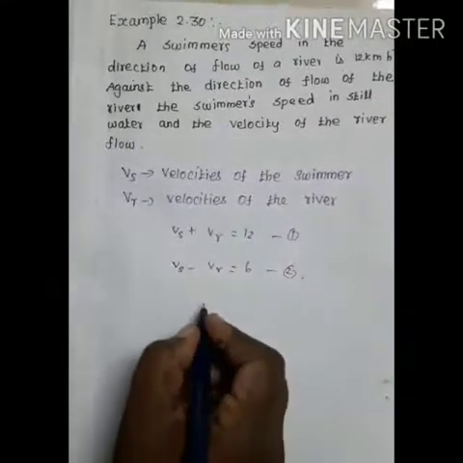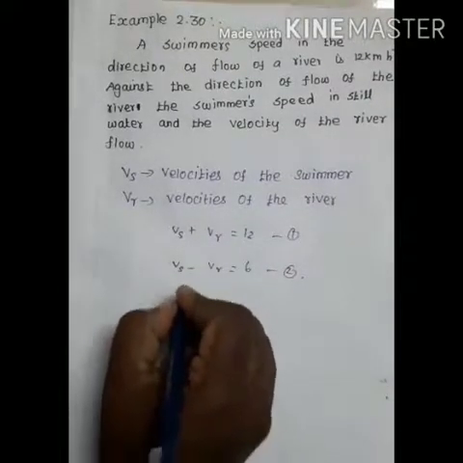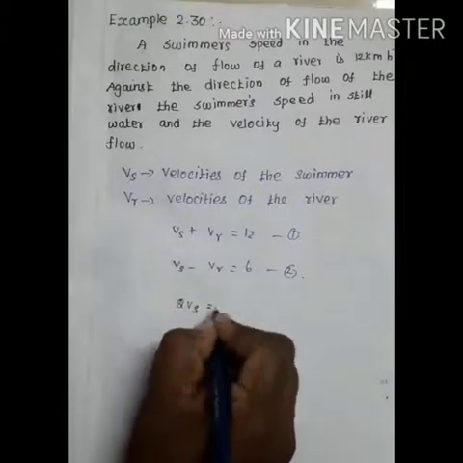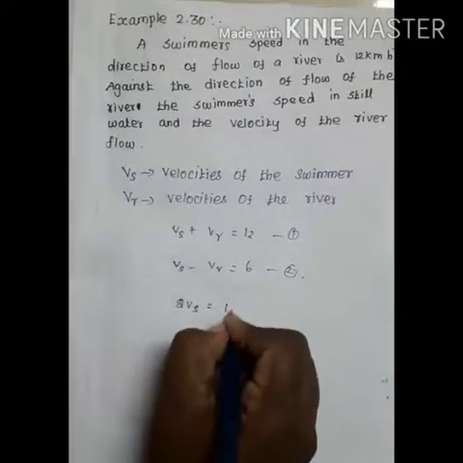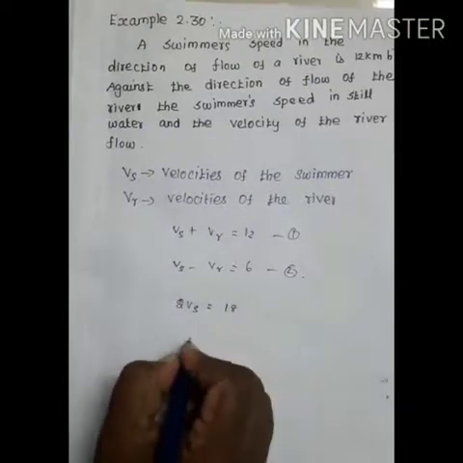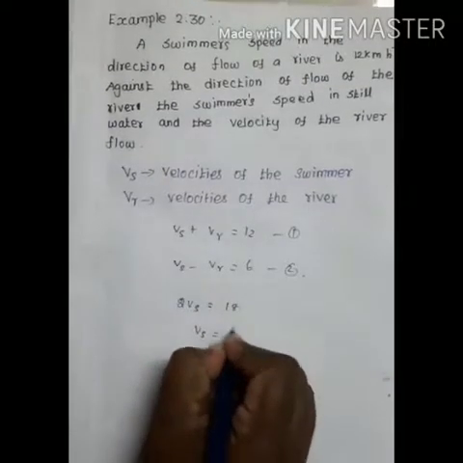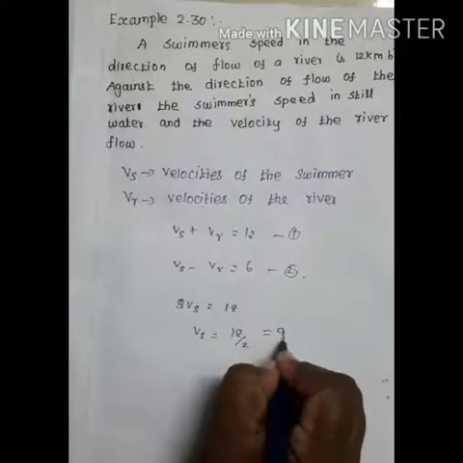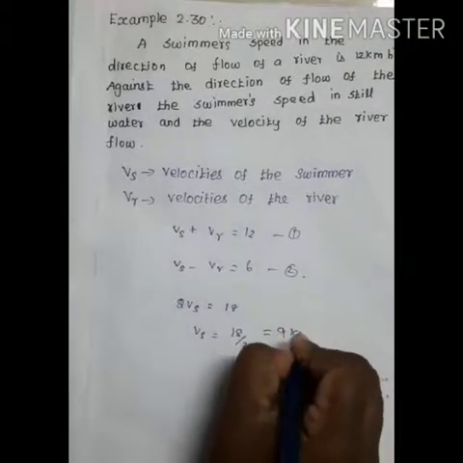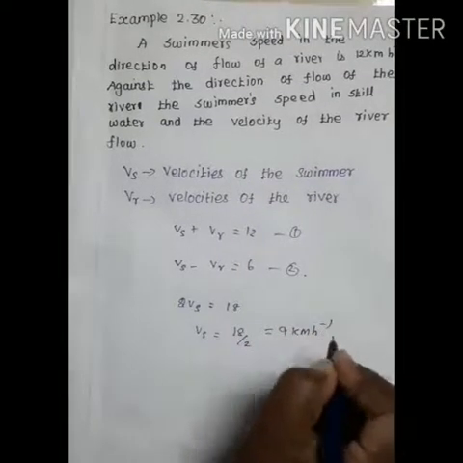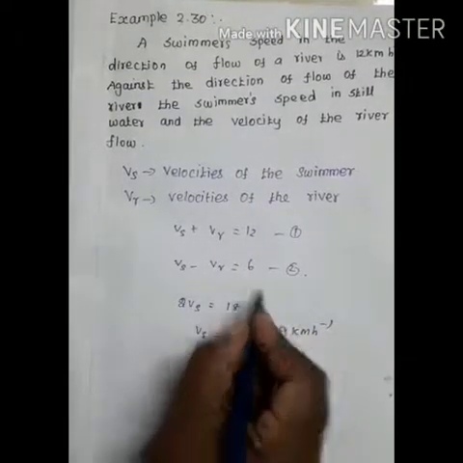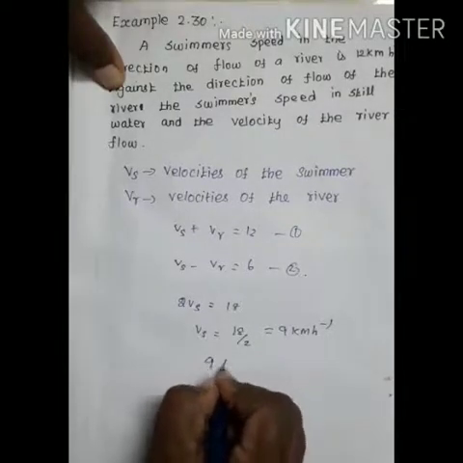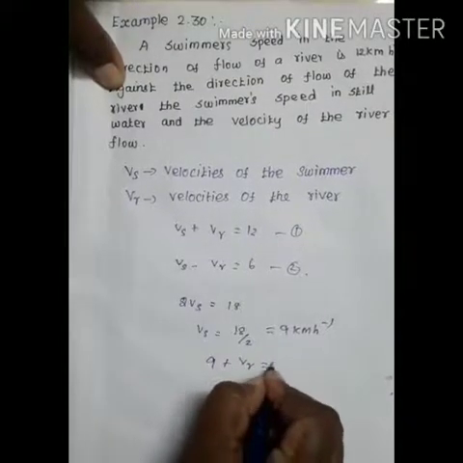Adding both equations, V of R cancels. Therefore, 2 into V of S is equal to 18, so V of S is equal to 18 by 2, which is 9 km/h. Substituting the V of S value in the first equation, 9 plus V of R is equal to 12.